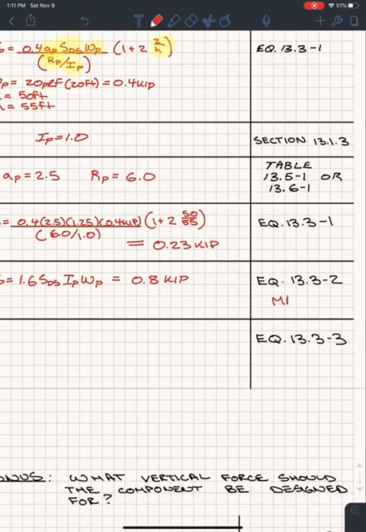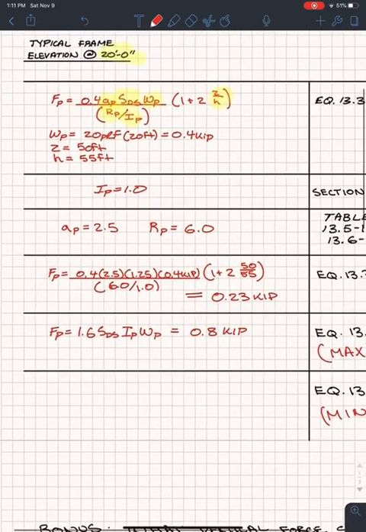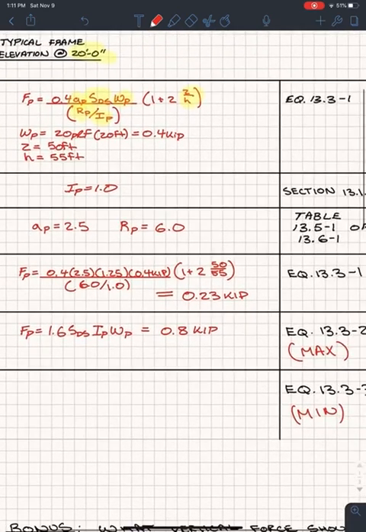So let's say this is the maximum, this is the minimum. Okay? And you're seeing the bonus question there. You're not supposed to see that one yet. So F sub P is equal to 0.3. And again, this is the minimum.